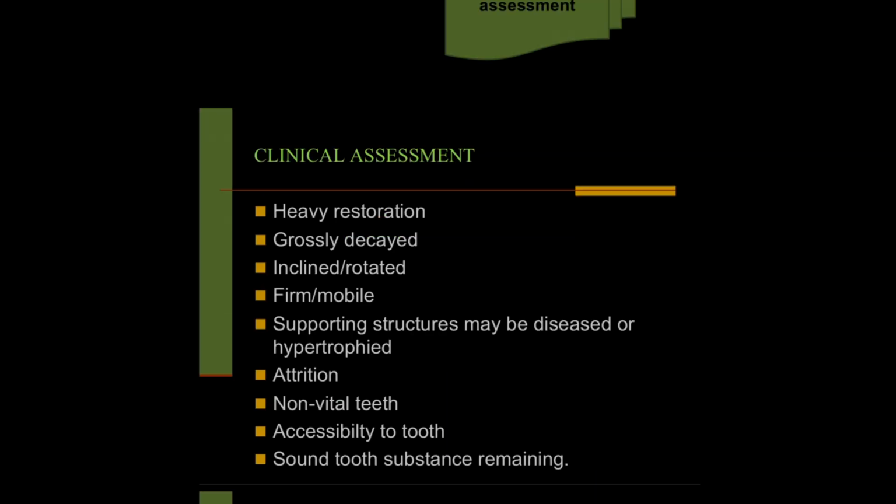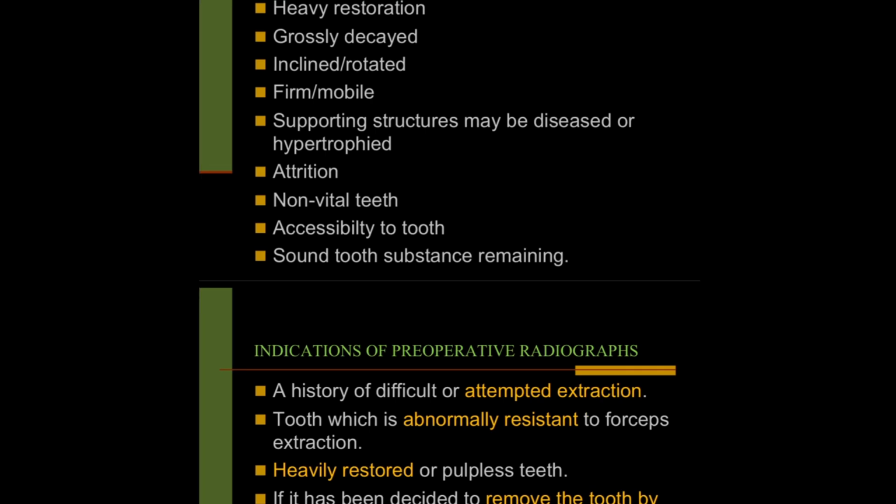Then comes clinical assessment. Heavy restoration, grossly decayed, inclined or rotated, firm or mobile. Then you have to see the status of the associated tooth. If there is heavy restoration of that tooth, if the tooth is grossly decayed, if it's inclined or rotated, if it's firm or mobile, if the tooth has supporting structures that may be diseased or hypertrophied, if there is attrition of the tooth, if there are non-vital teeth, accessibility to the tooth, sound tooth substance remaining, how much tooth substance is remaining, if it is sound or not.